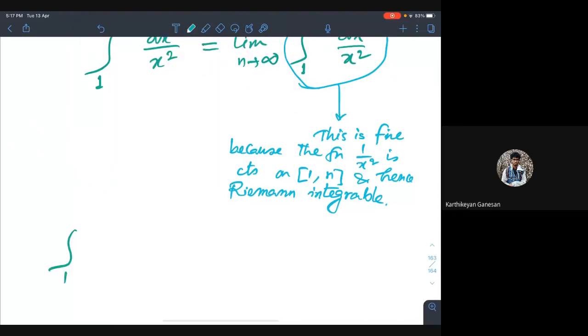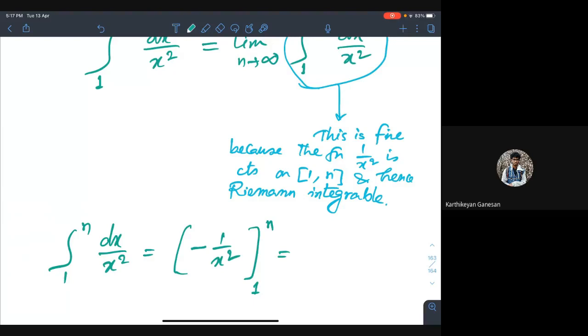Integration 1 to n dx by x squared, by using the fundamental theorem of calculus, we get minus 1 over x, and the limit is from 1 to n, which is minus 1 over n plus 1.